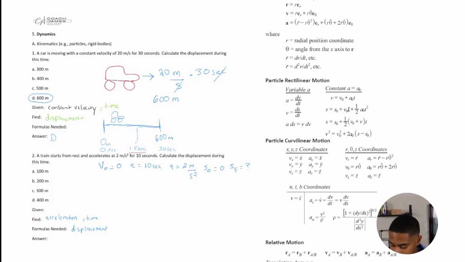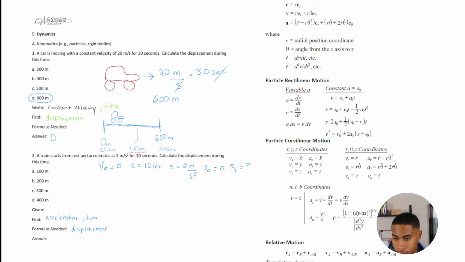We know our time, which is 10 seconds. 1/2, okay. A0, we know that to be 2 meters per second squared, and T is going to be 10 seconds. So it looks like there's only one unknown in this equation, and it's the unknown that we need to find. So this seems like a good one.